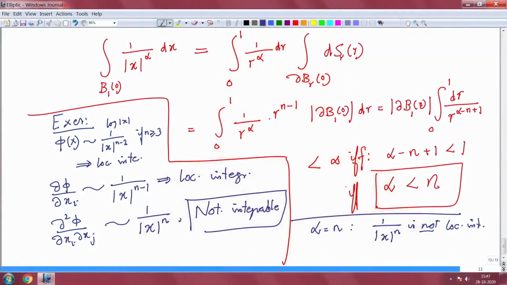So, we are trying to understand what this singularity contributes. So, we will do this. Please do these exercises. It is important that the second derivative just misses local integrability.